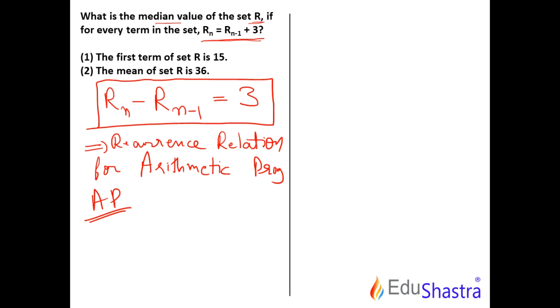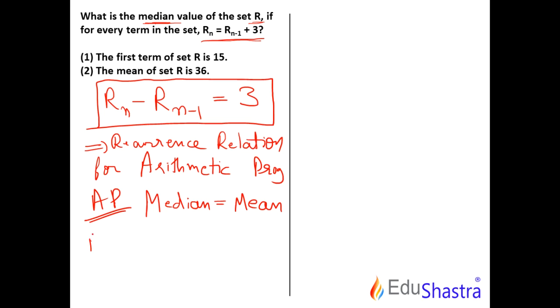And what is special about AP from a statistics point of view? That your median for a set of values which are in AP, the median will always equal the mean.